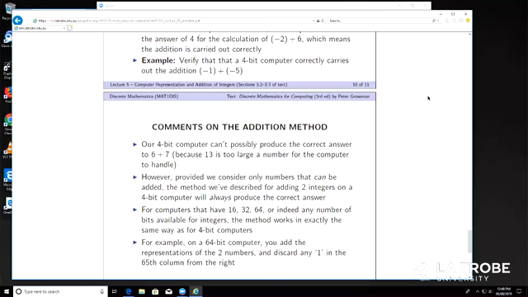So yeah, the math stays the same. If you would have a 128-bit computer, then still it is confined to certain bits. You would have a range between -2 to the power 127 and 2 to the power 127 minus 1.